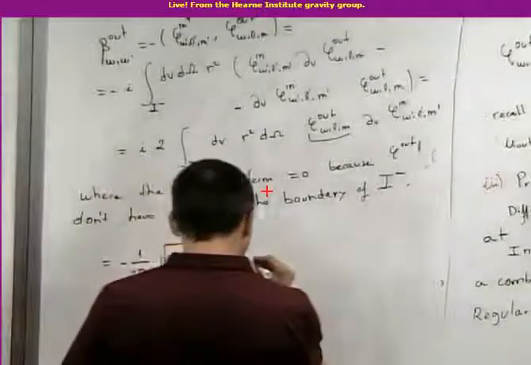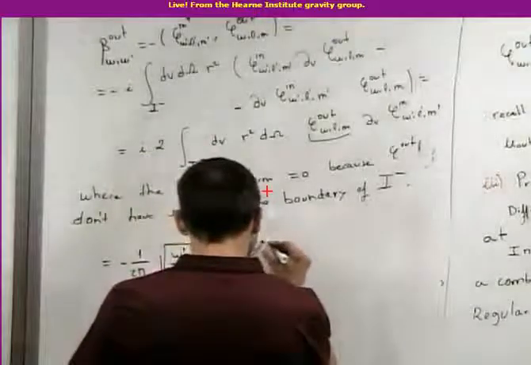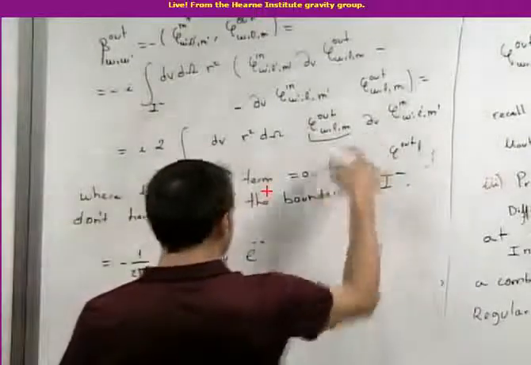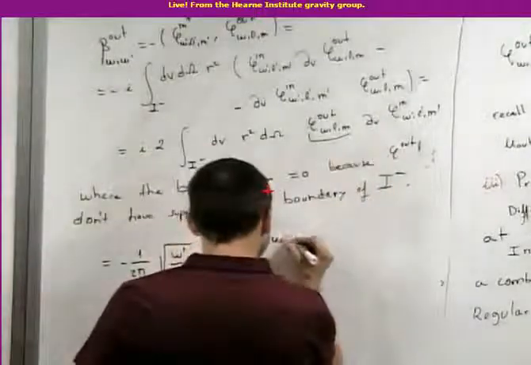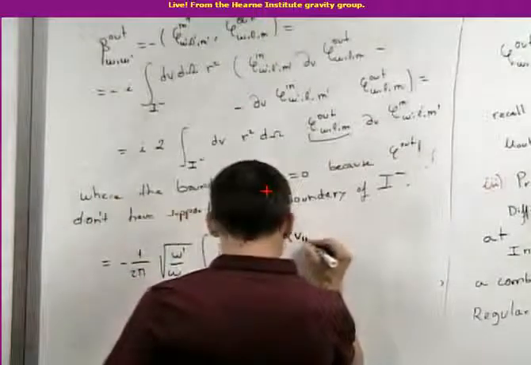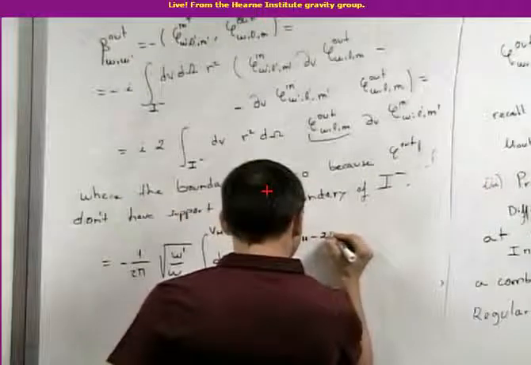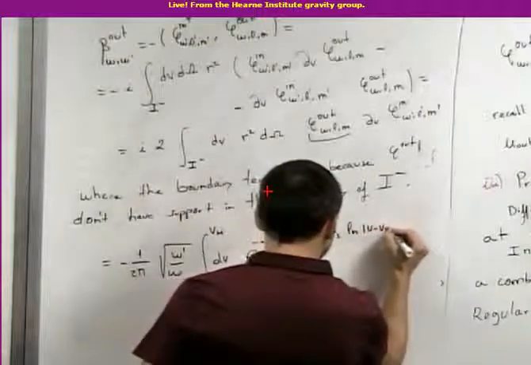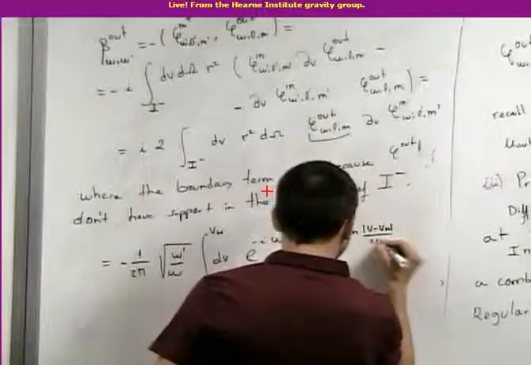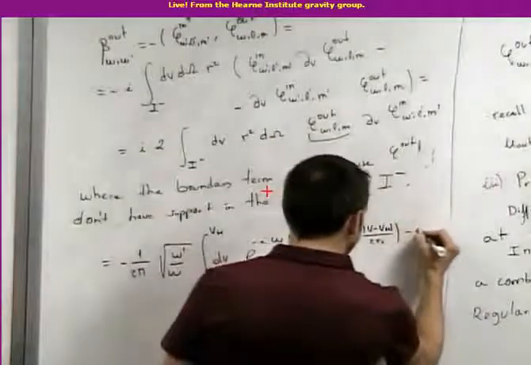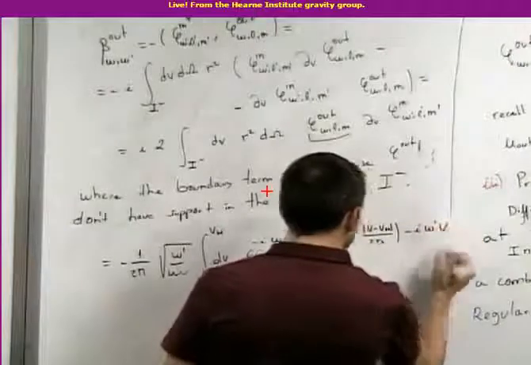I have already done the angular part and put outside all the omegas, etc., and I have already done the time derivative. And what is left is the exponents: e to the i omega VH minus 2rs log of (v minus VH) divided by 2rs from the out mode, and from the in mode minus i omega prime v.